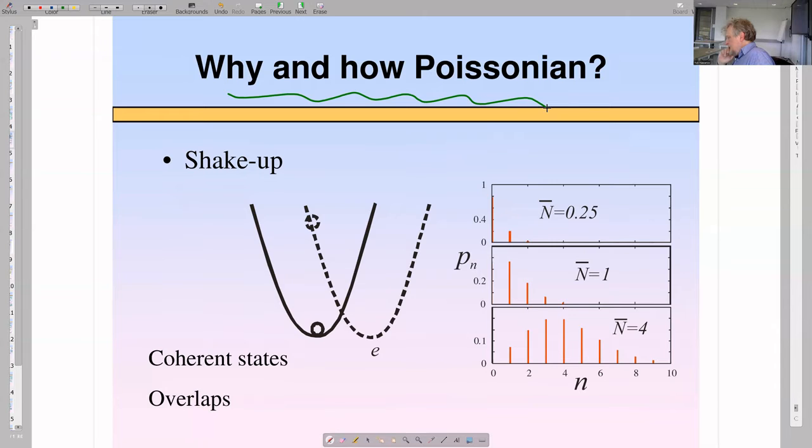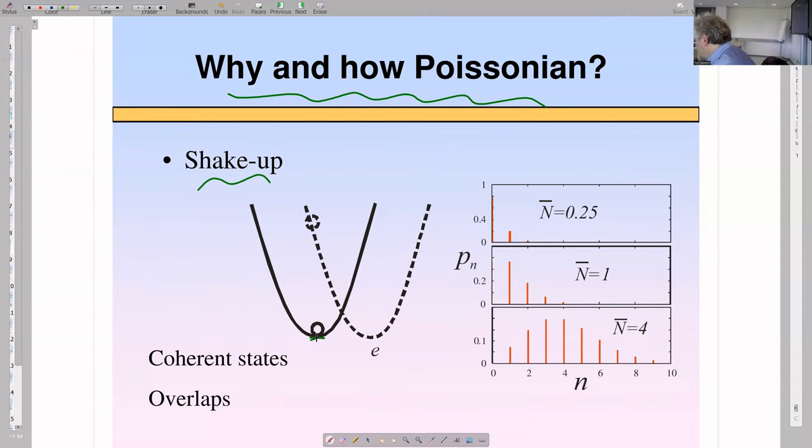Let me tell just a little bit about this, if you know what a coherent state is. A coherent state is a shifted state of an oscillator, which can be obtained by a shake-up.